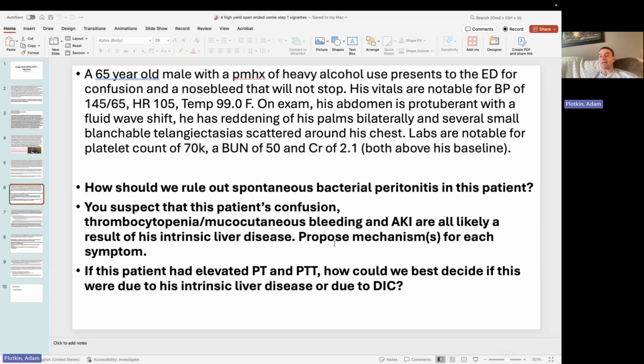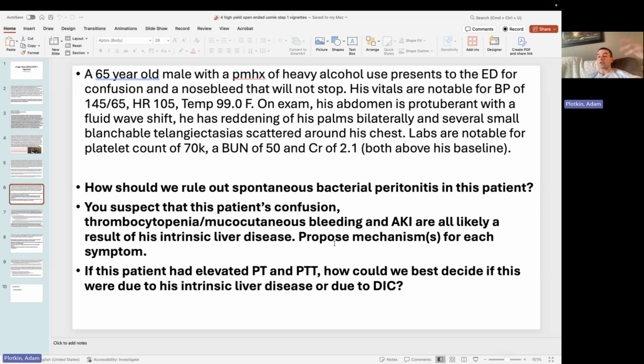They know person, place, why they're there, etc. You can use the serum ammonia periodically to see, hey, is it going down? Is this doing anything? But a lot of clinicians aren't really using it because it hasn't shown that correlation we would like it to. So it's a clinical diagnosis, and to start treating them, we usually start with lactulose.